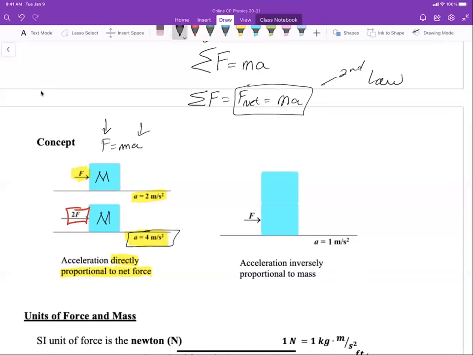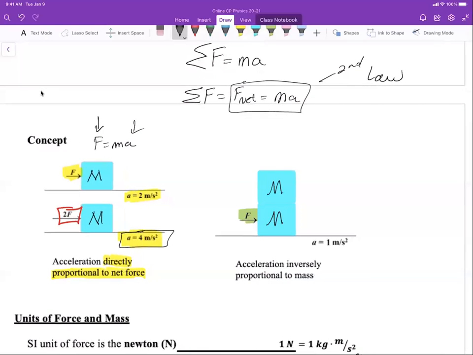What happens if I then keep the same original force, but double the mass? Now I have 2 blocks that have a mass M. Well, because force is equal to mass times acceleration, and I just doubled this mass, I kept my force constant, then acceleration has to decrease by that same exact factor.